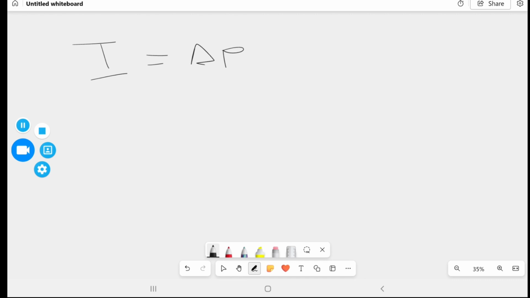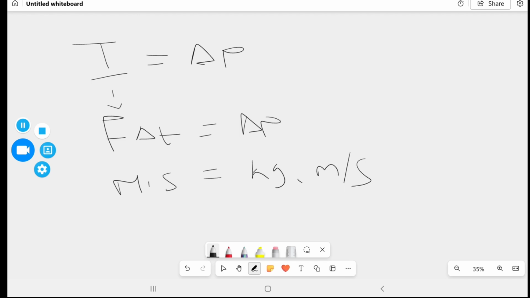Don't forget that. So if we are playing around with this formula, we already know that impulse is equal to F times t, which is going to give us delta P, right? So now we know that this is Ns, and this is kg m/s.